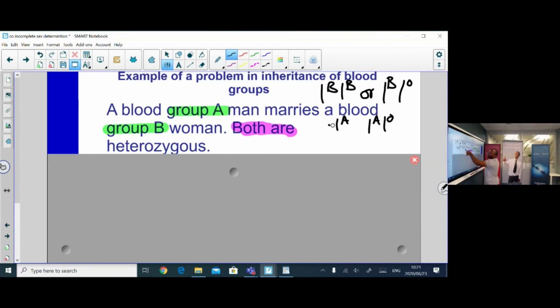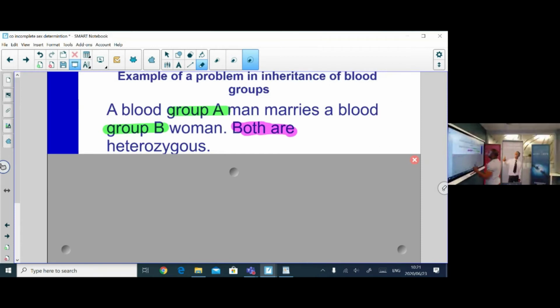The question has specified both are heterozygous, which is very fun. All right. So what is the next question?